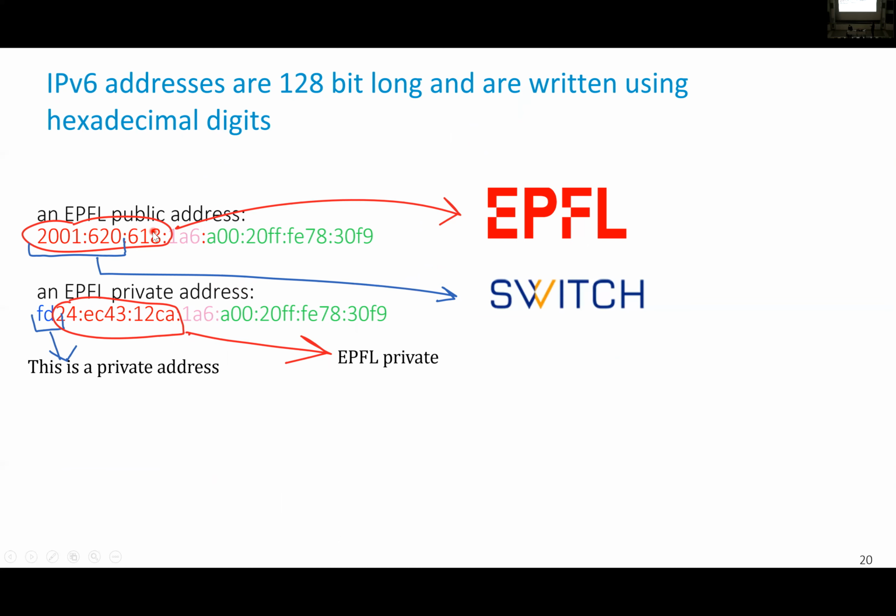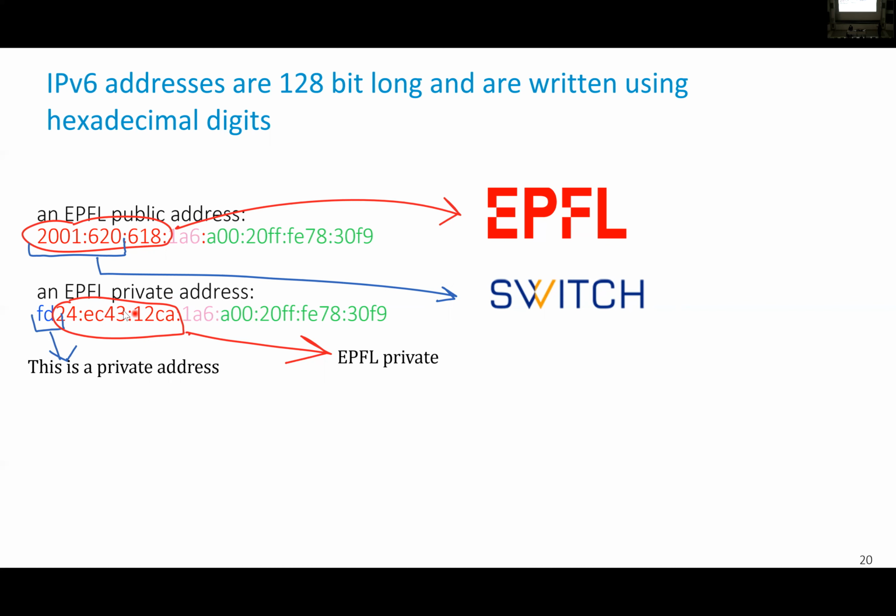The difference, very much like IPv4, with one big difference, is that the private ones are supposed not to be used if they don't belong to you. With IPv4, I can use the 10 dot something addresses at EPFL, and ETH can also use the 10 dot something addresses, and we don't need to coordinate the allocation of addresses between those 2, because when used at EPFL, they're truly local and private for EPFL.